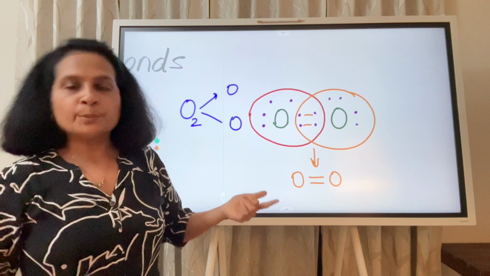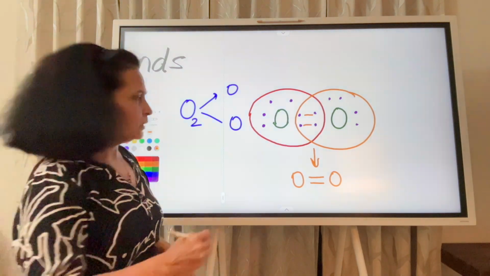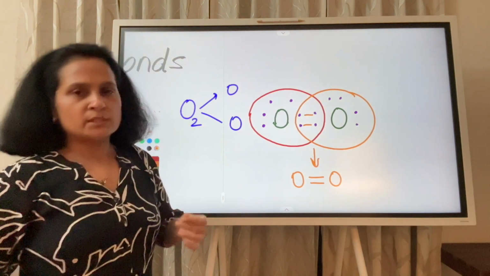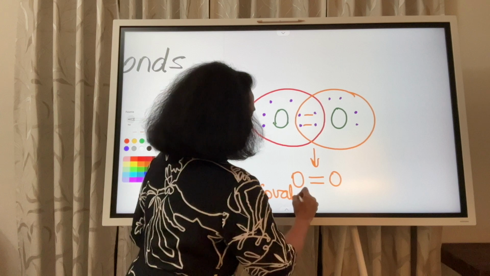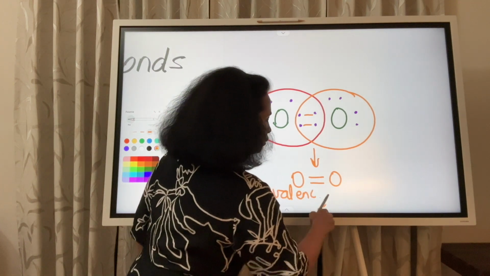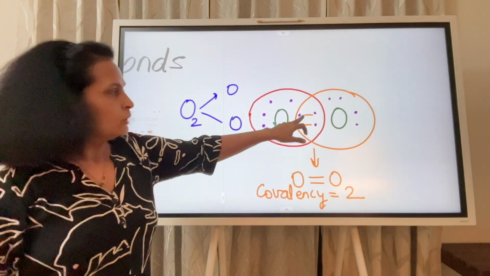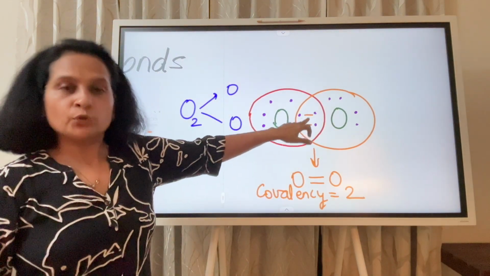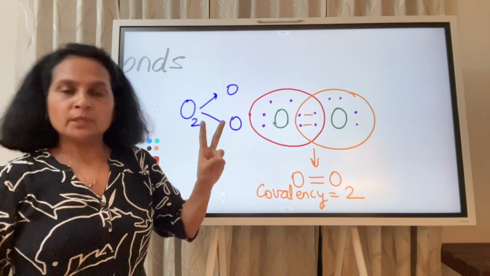Now there is a way of interpretation here. So there is a concept of covalency. Now covalency of oxygen is said to be equal to 2. Why so? Because it has shared 2 electron pairs wherein each atom has been contributing 2 electrons.